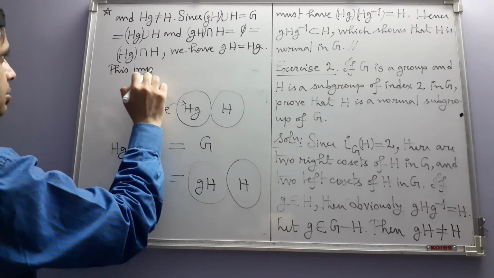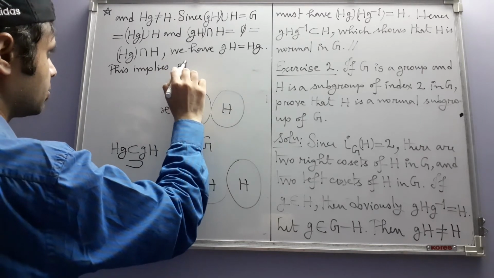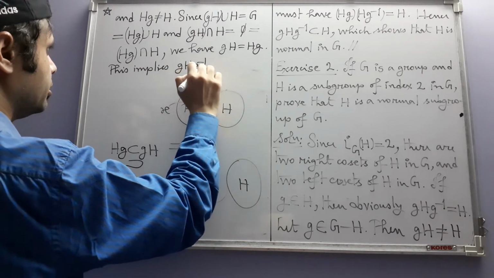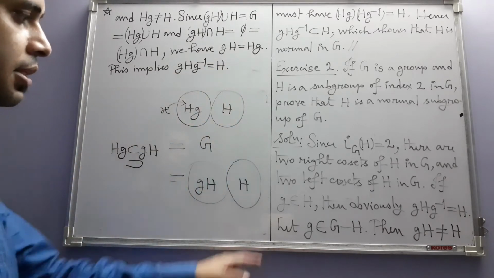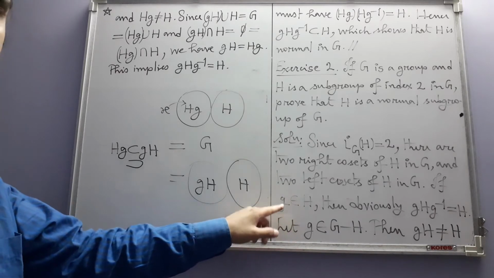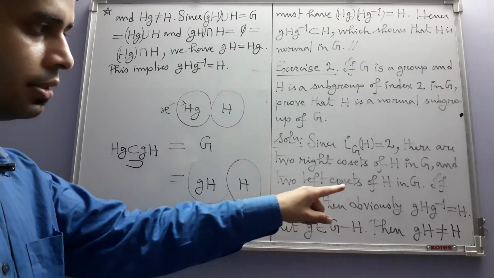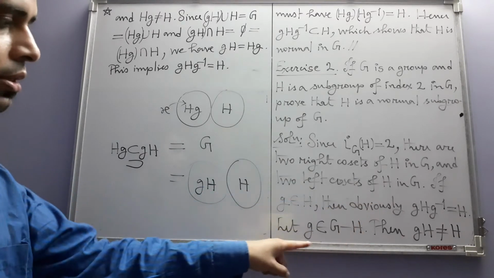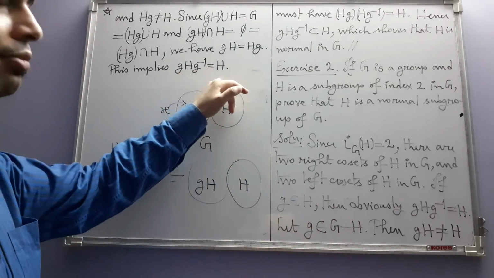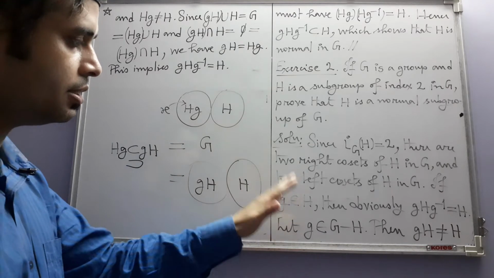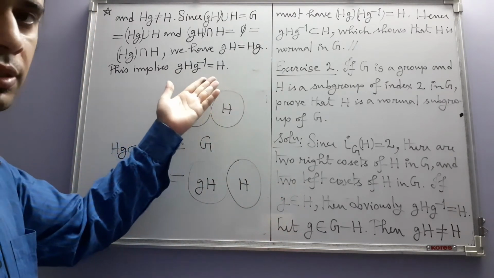This implies, this is very easy to prove from this equation, that gHg inverse is equal to H. So we have seen that if we are choosing an element from the original group which happens to be inside H itself, then gHg inverse is equal to H. And if such an element is outside H also, then also we have this. That means for any element g in G, this equation is true. So that just tells us that H is normal in G.